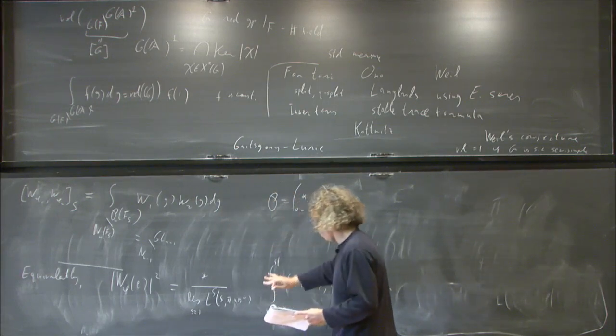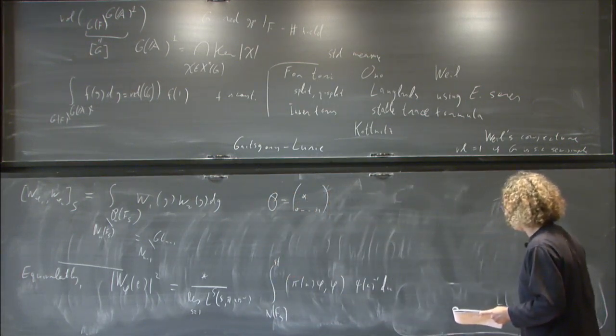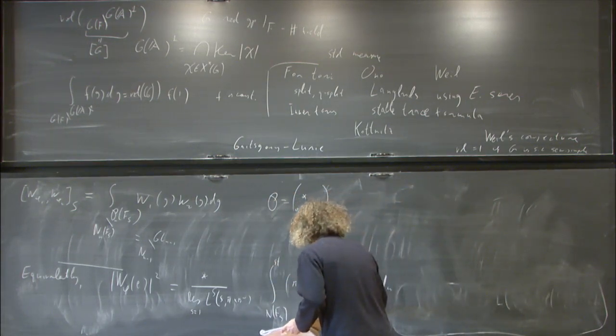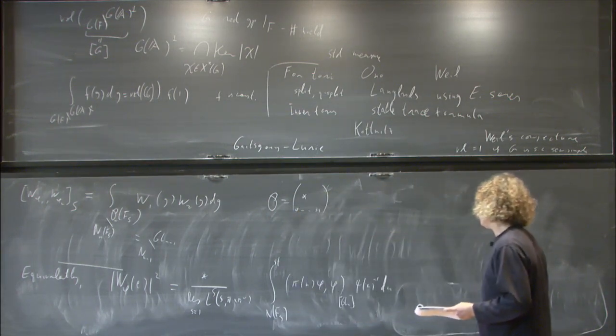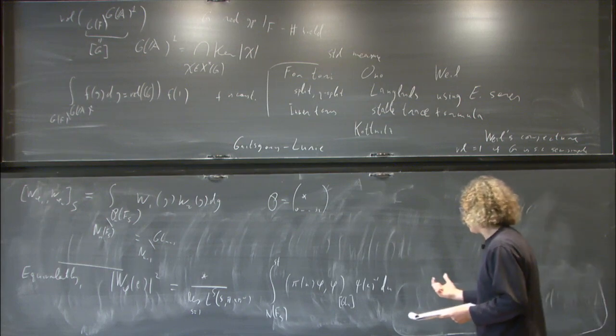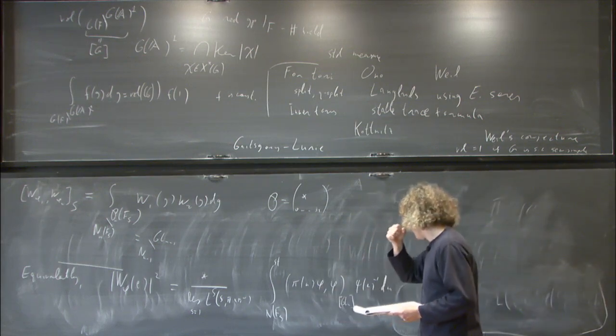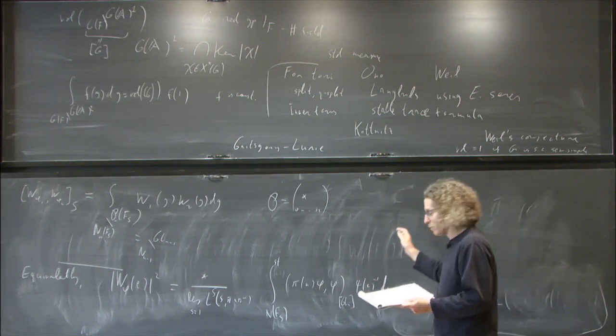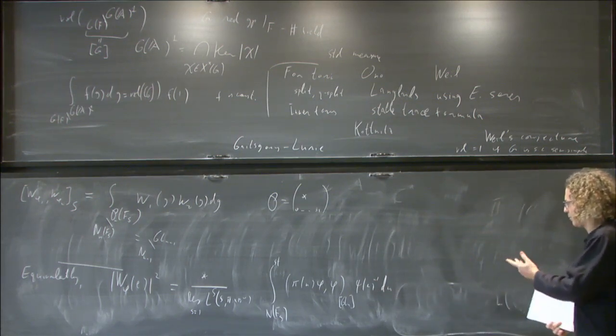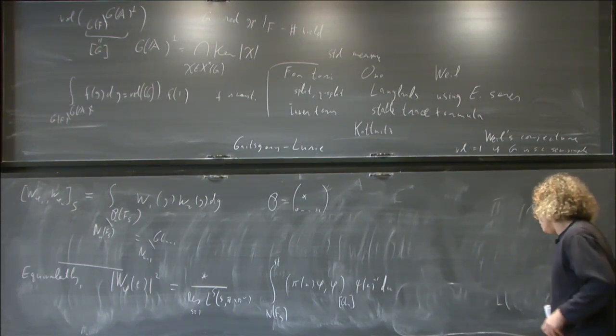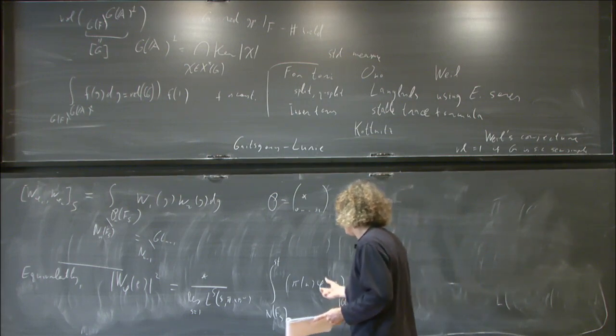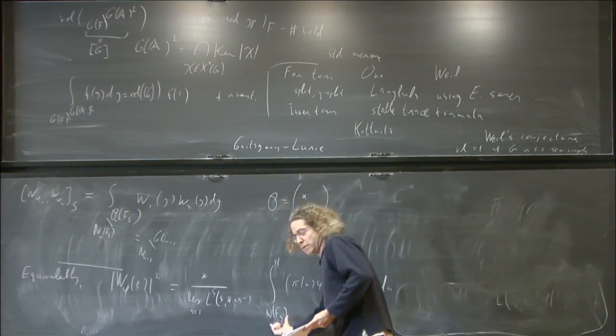So this, remember, is the group of upper unit triangular matrices, and this is the Petersson inner product. And we take this Fourier coefficient and take its Fourier transform at psi. And of course, you need to make sense of it, but again, this is purely local.